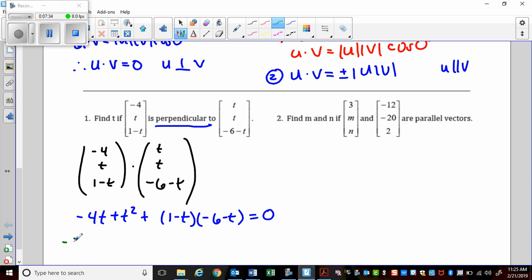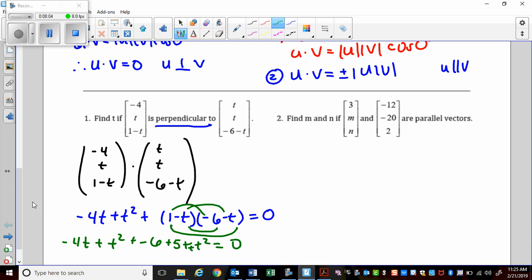So I'm going to bring down the negative 4t plus t squared, plus negative 6, so minus 6. And then my outside two terms are negative t and positive 6t, so it's going to be positive 5t because we have the negative t. And then my last terms, negative t times negative t, is plus t squared. Oops, there's a plus right here.